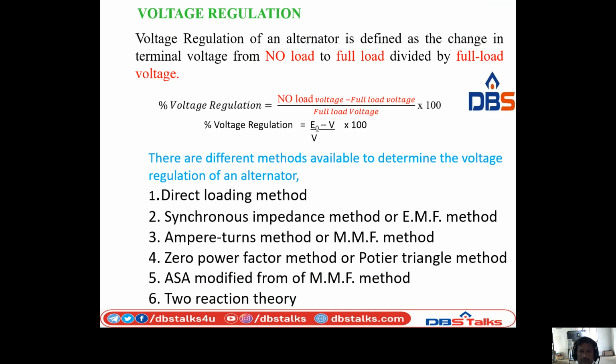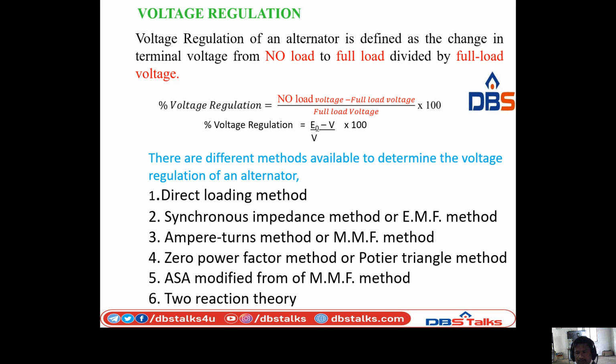So once again, voltage regulation of an alternator is defined as the change in terminal voltage from no load to full load, and we divide by full load voltage. Percentage voltage regulation is equal to (E0 minus V) by V into 100. Generally, voltage regulation may be a positive value, negative value, or zero.